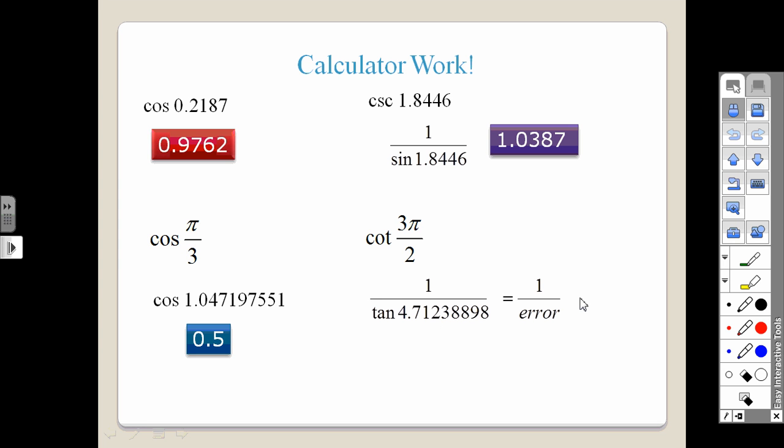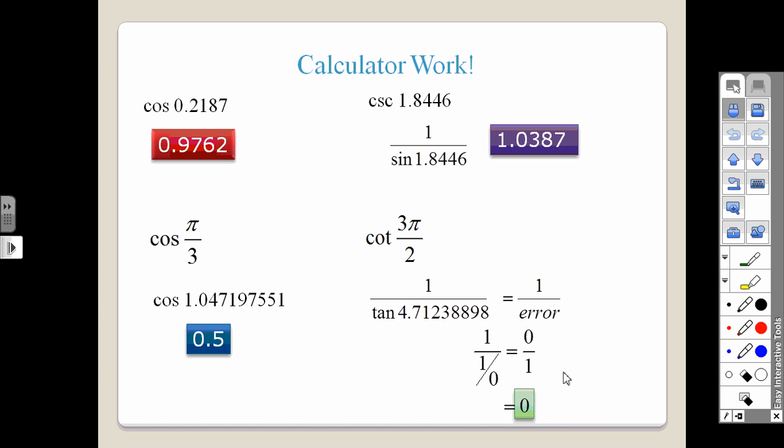We got 1 over an error. If you're getting an error, that means you had some fraction that you divided by 0. So it's like 1 divided by 1 over 0, which is the reciprocal of 1 over 0, which would then be 0 over 1. So we get 0.